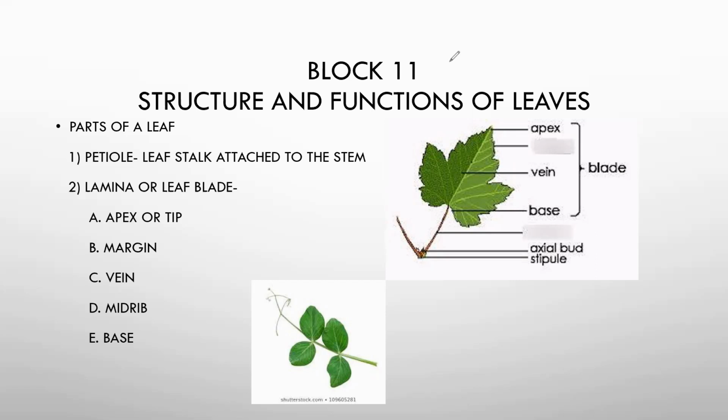Now, the first is parts of a leaf. In a leaf, basically, there are two parts, namely the petiole. The petiole is the leaf stalk attached to the stem.